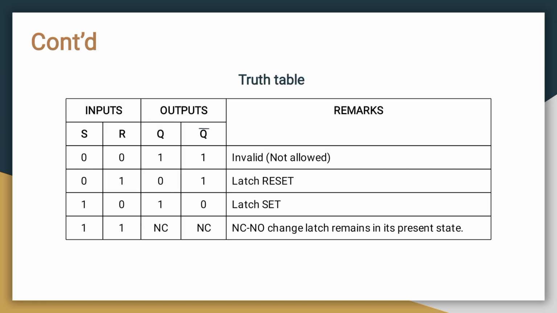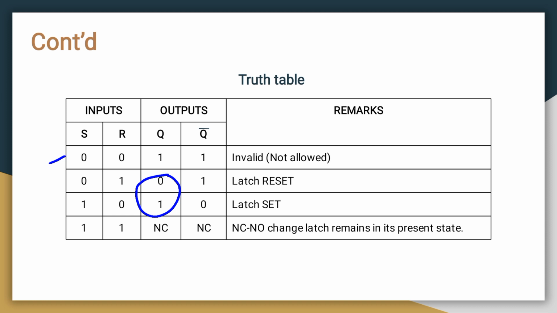So how does it work? When both inputs are 0, the output is 1 1, nothing but it is an invalid one. The state of the latch should be set or reset, right? Set means the particular latch will store 1. Reset means it will store 0, right?